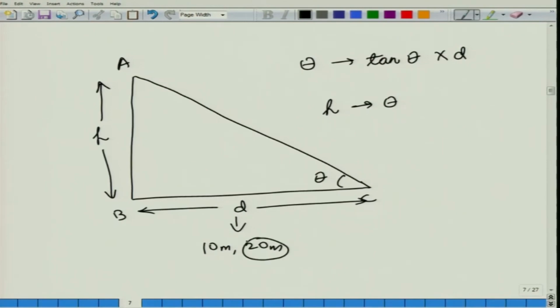So, you need to stand at a distance of 20 meters from the base of the tree. When you have this 20 meters, in place of measuring theta and then calculating tan theta and then multiplying it by 20, you can directly have this instrument give you 20 multiplied by tan theta. So, it will directly give you the height, which makes the measurements easier on the ground.